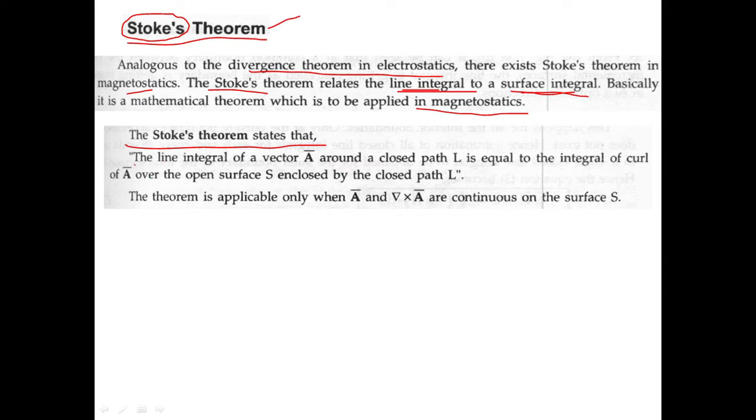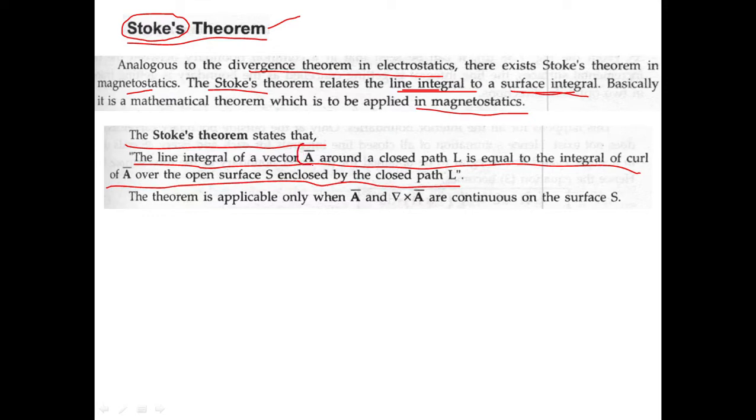The line integral of vector A around a closed path L is equal to the integral of curl of A vector over the open surface S enclosed by the closed path L. Right?